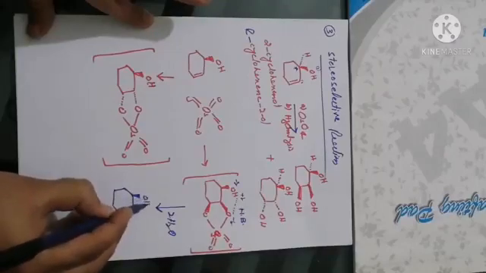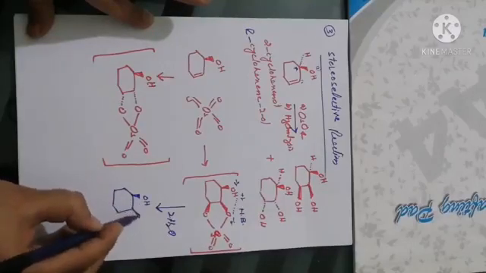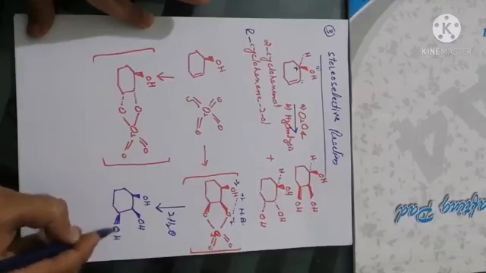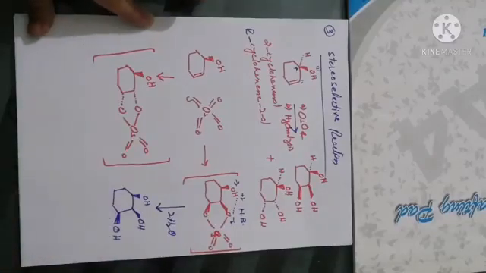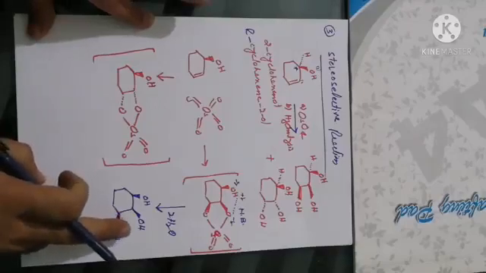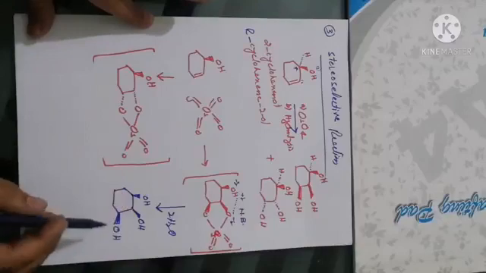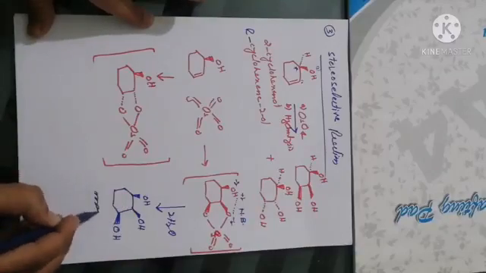So dihydroxylation will occur from the front side, from the upper face of the double bond. So this would be the major product.